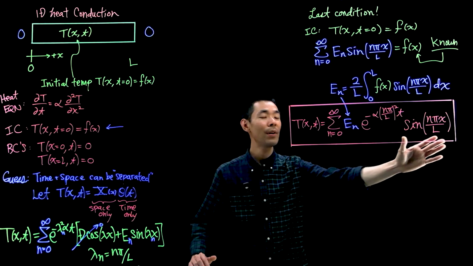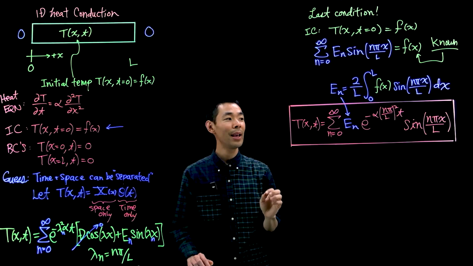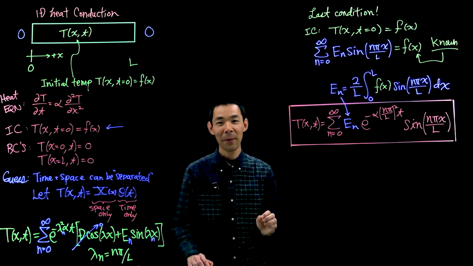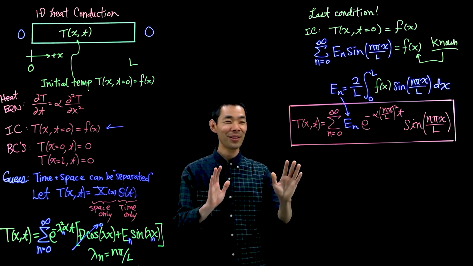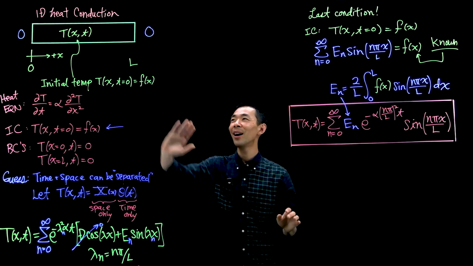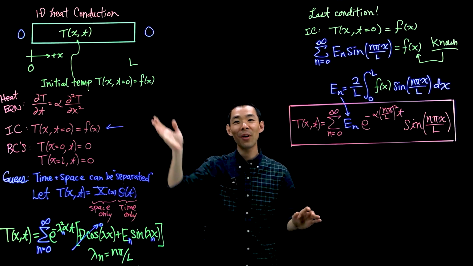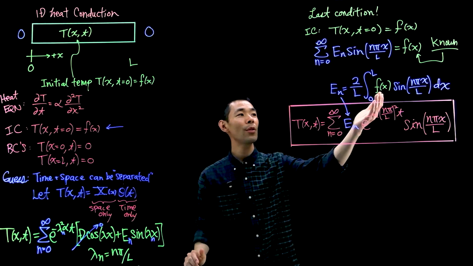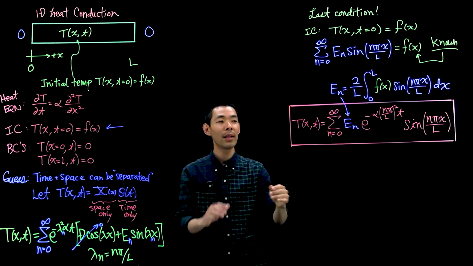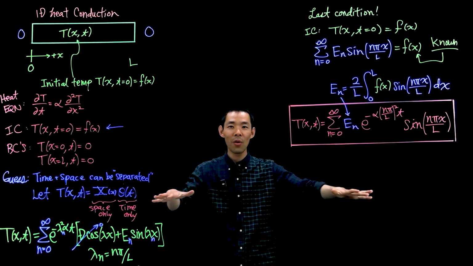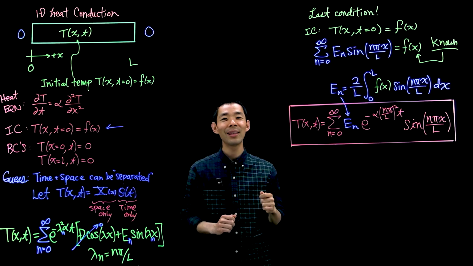And lastly, you have sine n pi x over L multiplied there. This is it. This is the temperature profile of your material with some initial temperature distribution f of x that decays out to 0 as you wait infinite time.